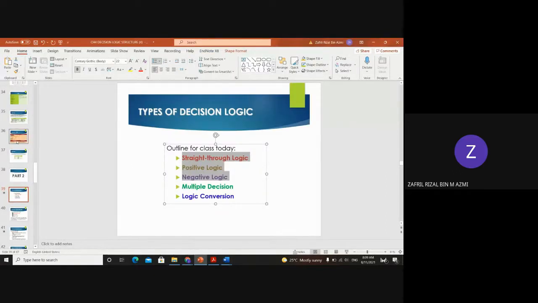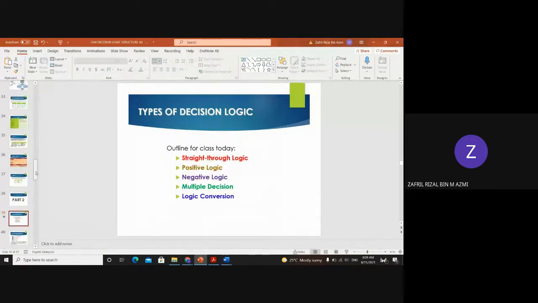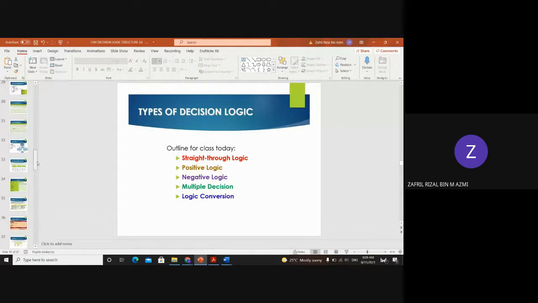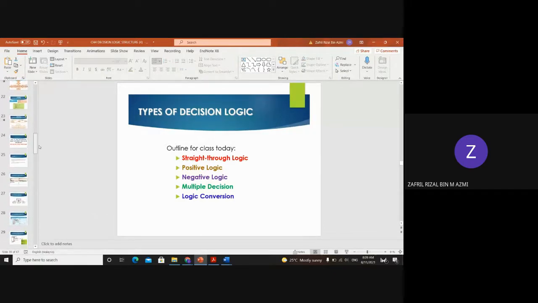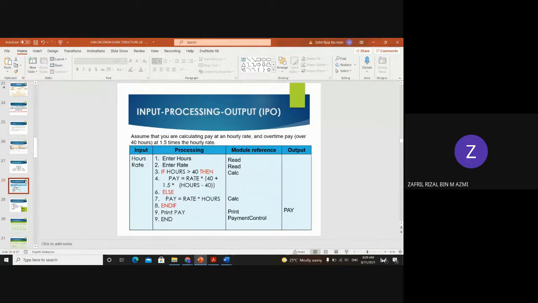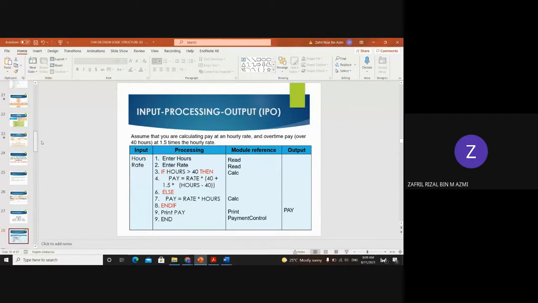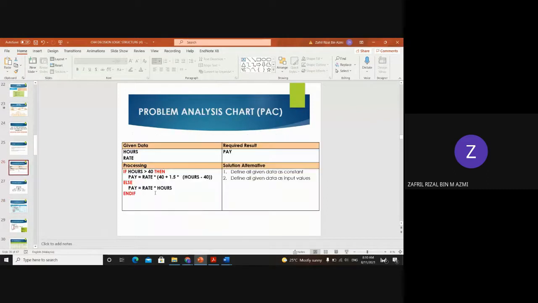Either you put down the condition in the processing required, like this, or you may also put it in the given data in the form of a table.